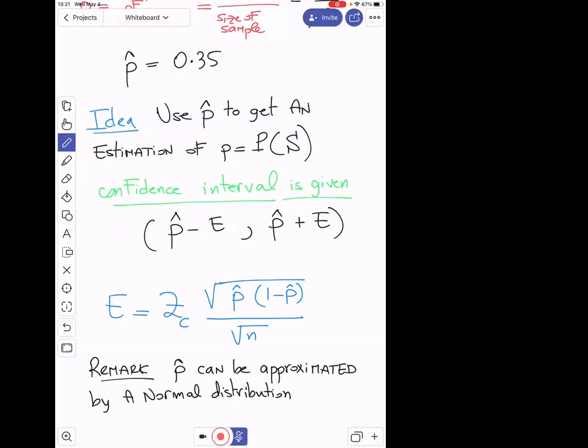The only difference here is that this p hat would be an approximation of p. So instead of n times p times q, it's n times p hat times q hat, right? The q hat is just 1 minus the p hat. So this would be the error E when you have a binomial distribution. This is the formula of E in this case.